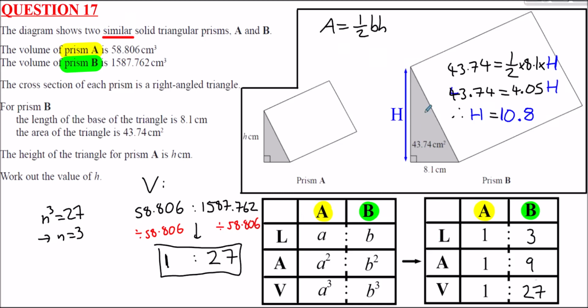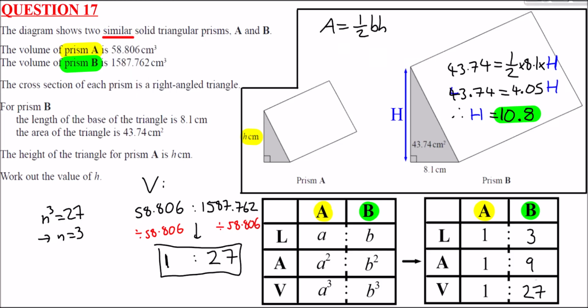So if this height is 10.8 for the bigger shape B, then the smaller shape A, this smaller height H, because it's in the ratio 1 to 3, this one here is going to be 3 times smaller. In other words, we need to just divide this number by 3 to work out what H is going to be.